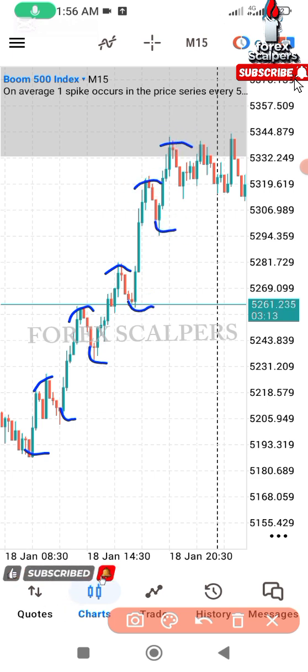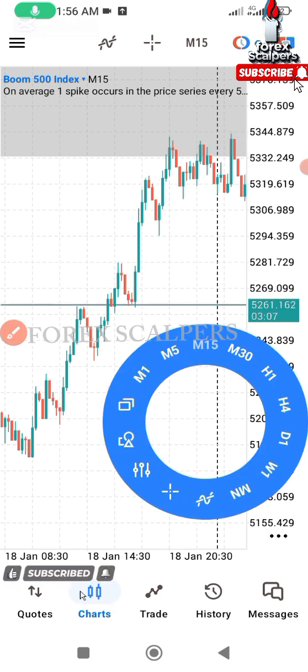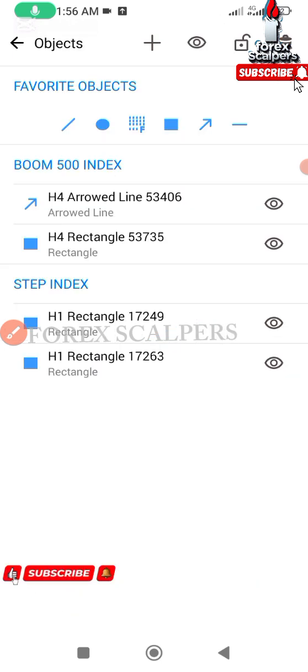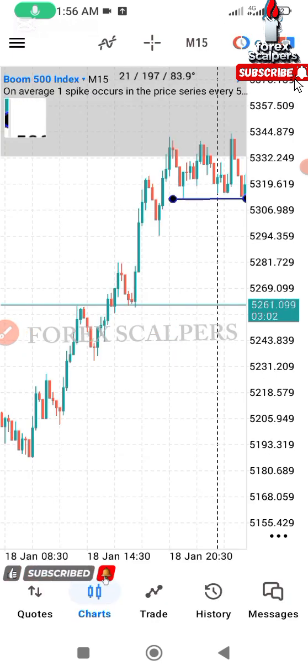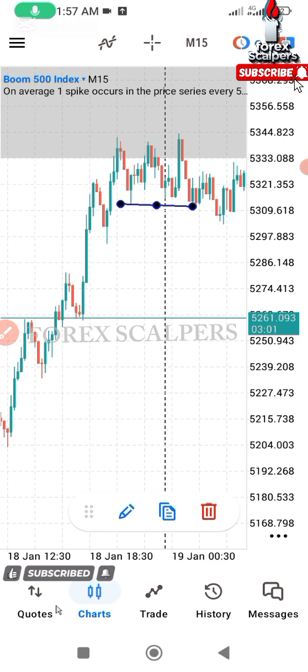So you can see how price is behaving. They will have this higher low, higher high. So then this is our last structural point. Obviously we had this point here.